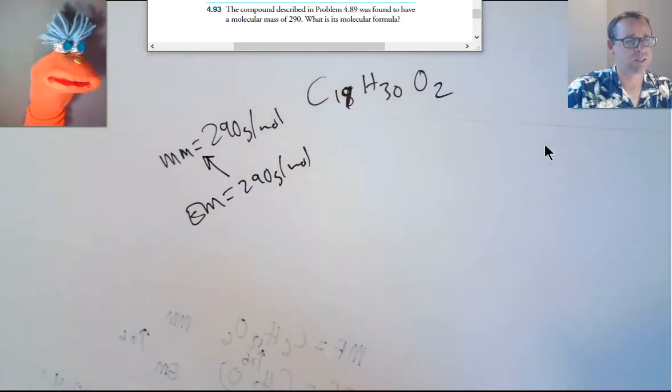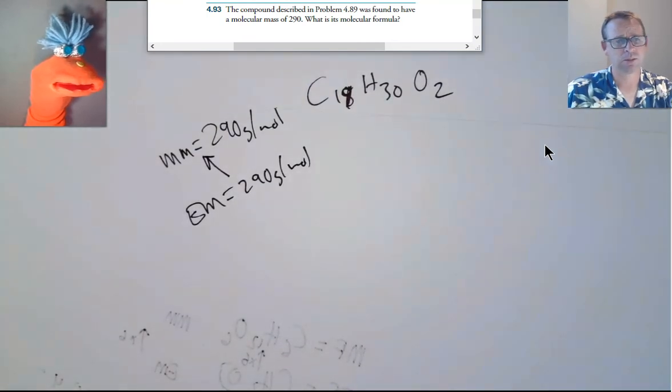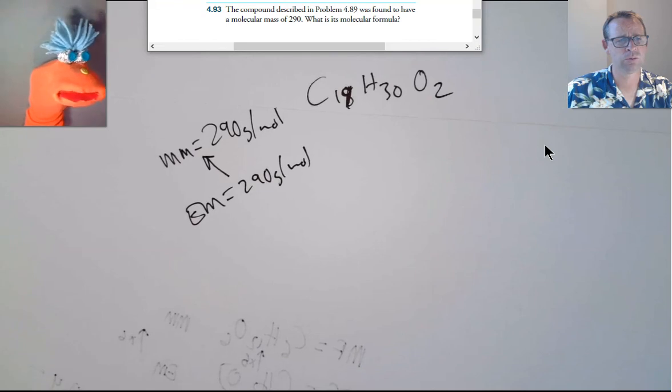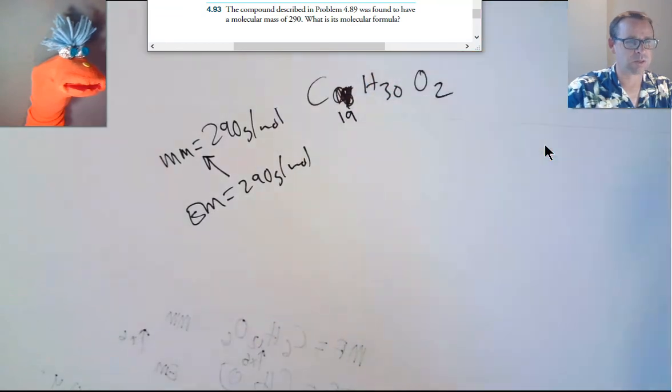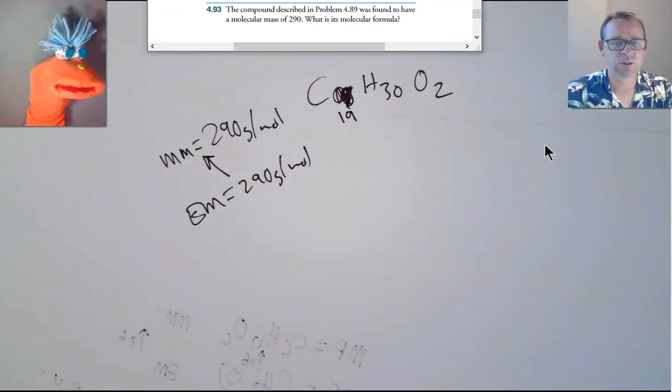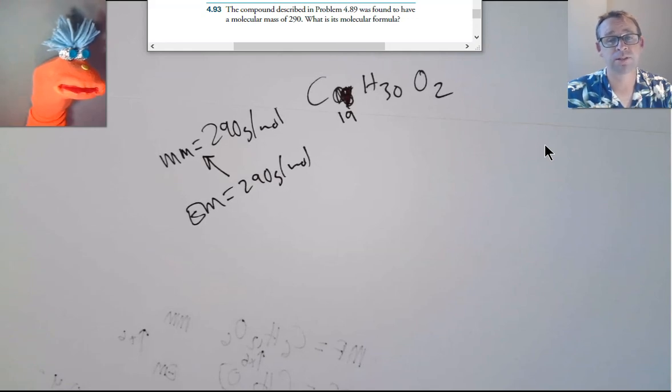The molecular mass is the same. What does that tell us? The multiplier is 1. So does that mean the empirical formula is the same as the molecular formula? That's right. C19H30O2 is not just the empirical formula, it's also, in this case, the molecular formula. Okay, good.